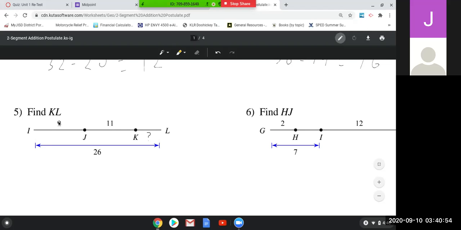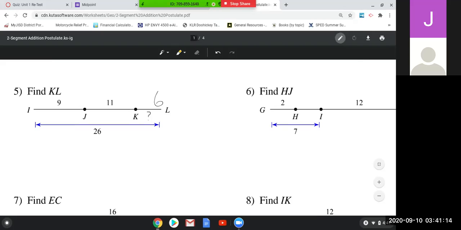We can add up the 9 plus the 11, and we get 20. So all of this together, from I to K, is 20. What do I have to add to 20 to get to 26? I would need to add another 6. We can do that by taking the original 26 and subtracting the parts that we're given, the 9 and the 11. So I'm going to subtract 9 plus 11, and that gives me 6.